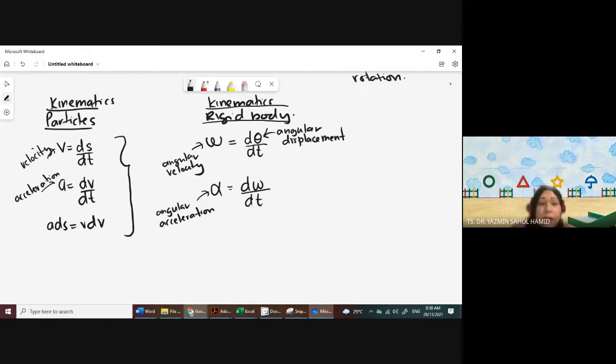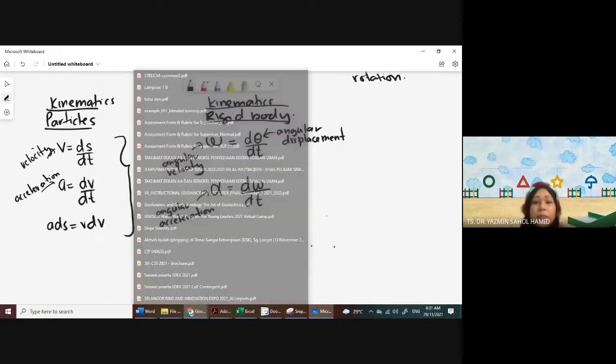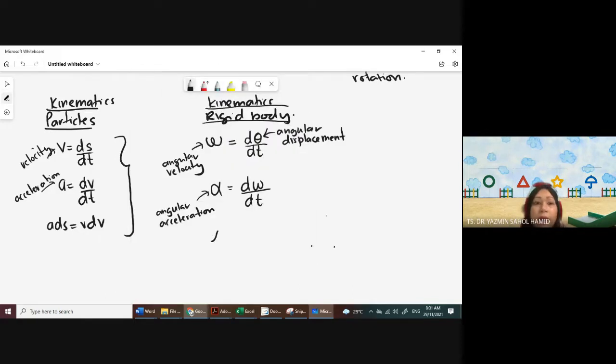Okay? Are you okay, guys? So can you guess how to do the formula for a ds? What would it be? Alpha d theta equals to omega d omega. Okay? Are you okay, guys? Boleh tak?